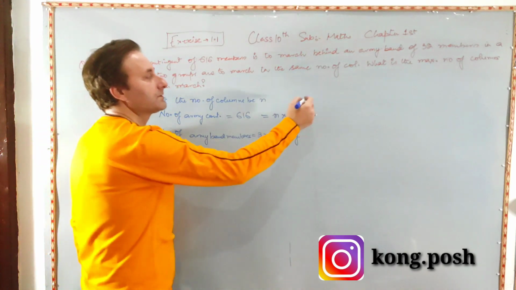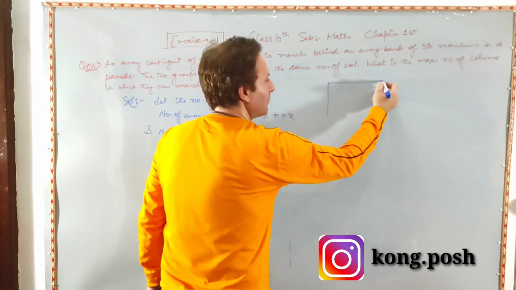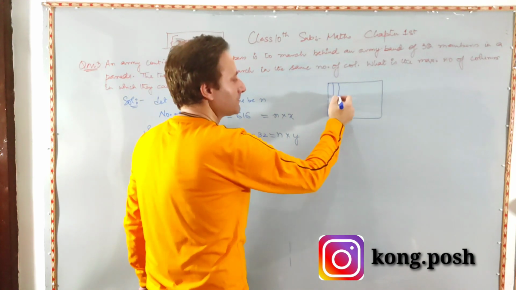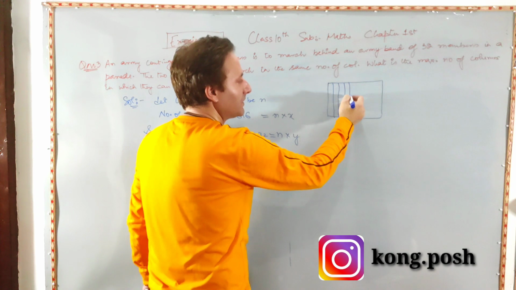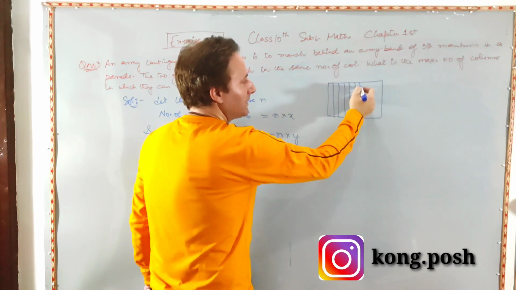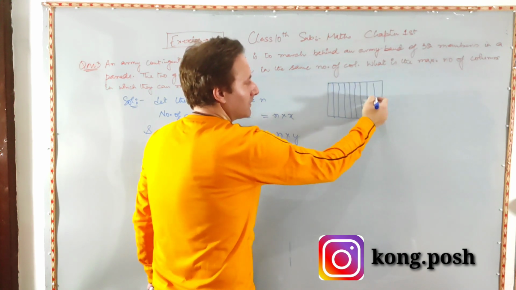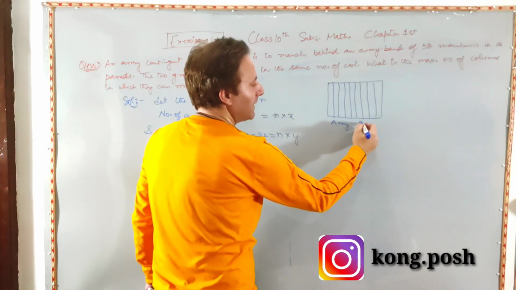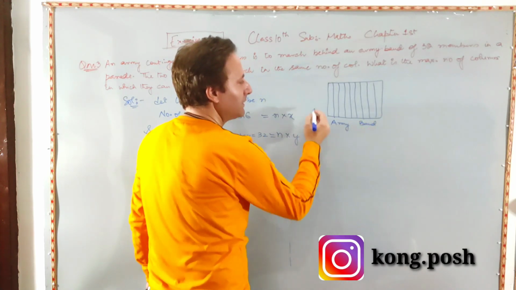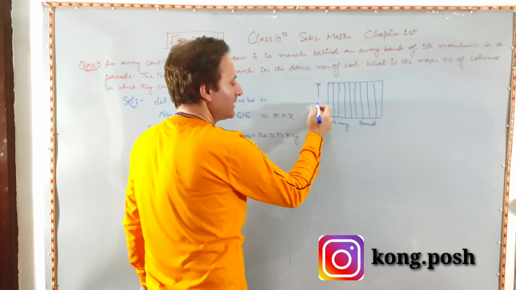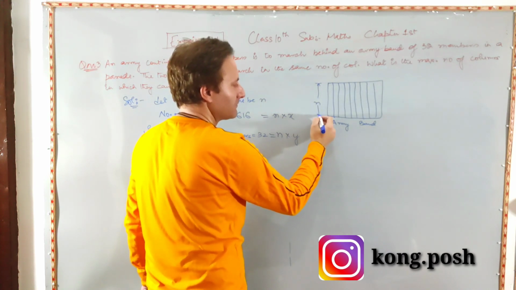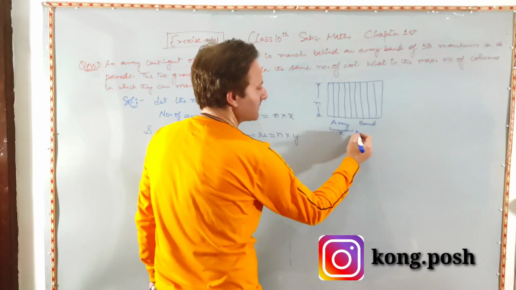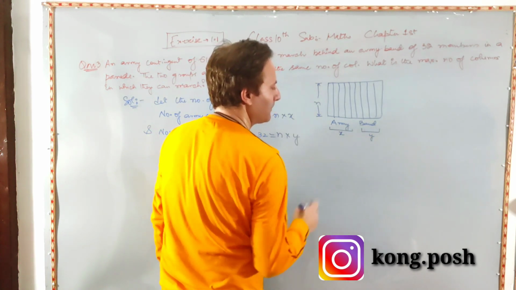Why? Because if I just show you a small figure, if this is the pattern in which they have to accommodate army and the band, then this thing will remain the same, right? This thing I can say x, this thing I can say y, right?